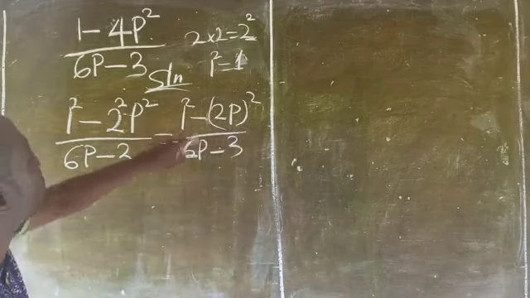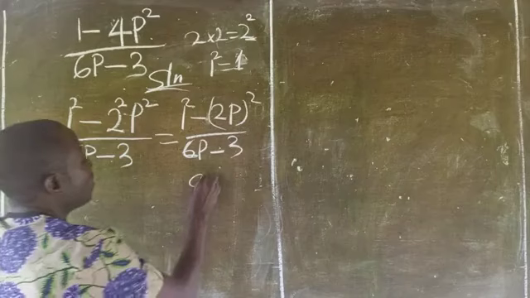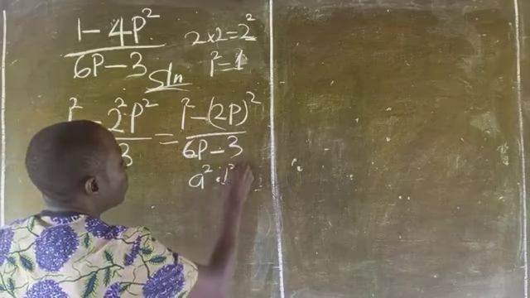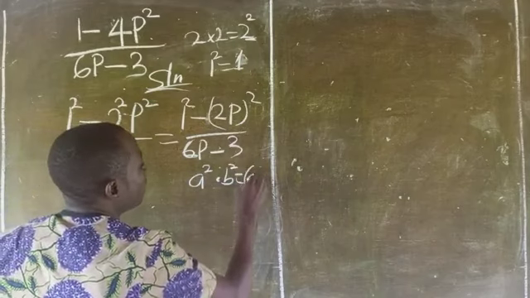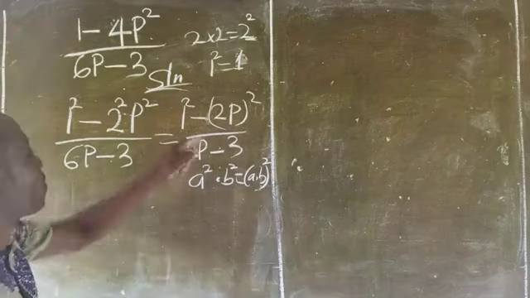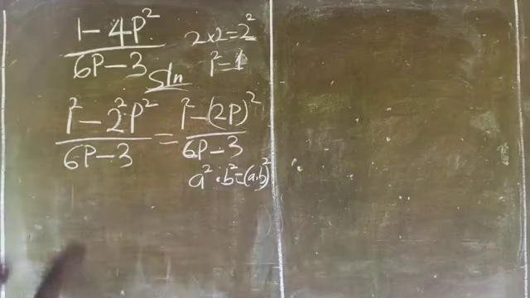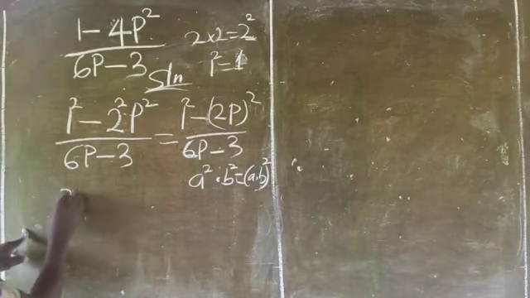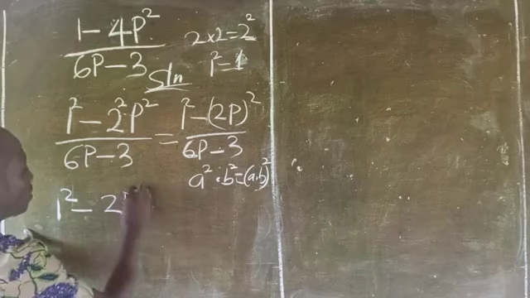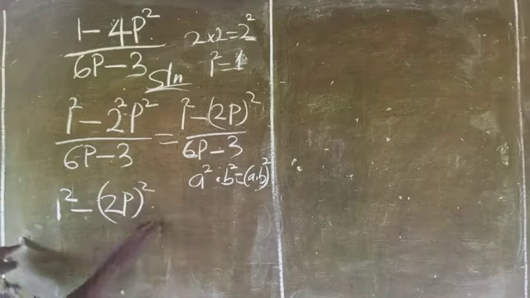I did this because if we have a raised to power 2 times b raised to power 2, it is the same thing as a times b all raised to power 2. So we are fine.